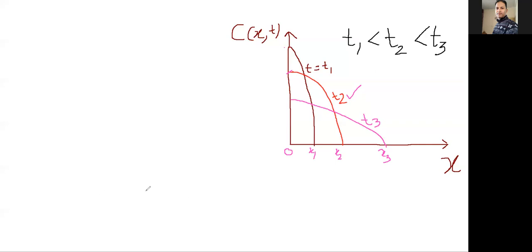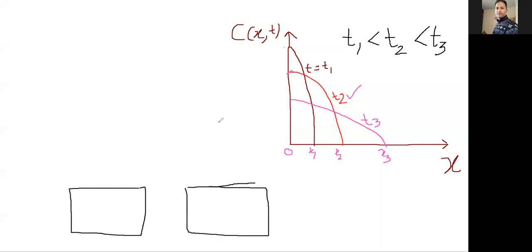Let's say this is a silicon substrate, and I am plotting the same substrate at three different times: this is the status at time t1, this is the status at time t2, and this is the status at time t3.